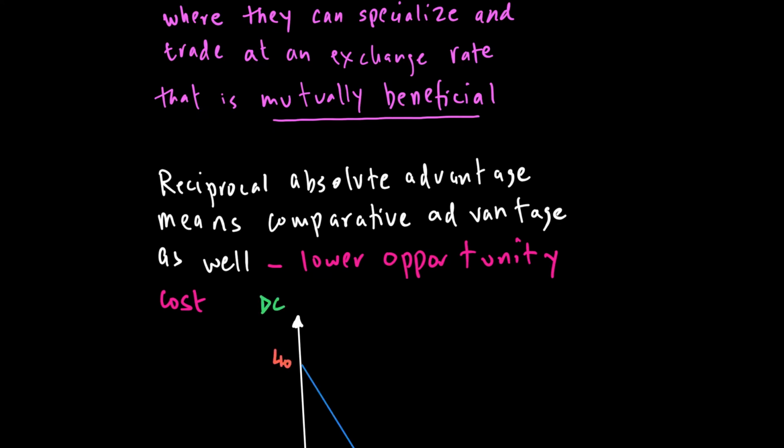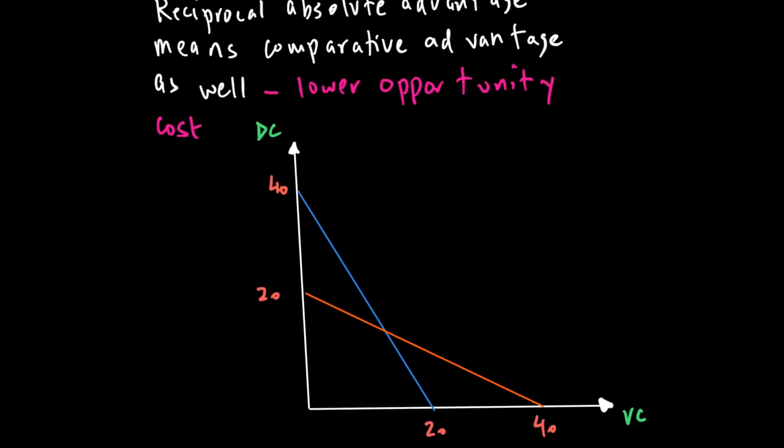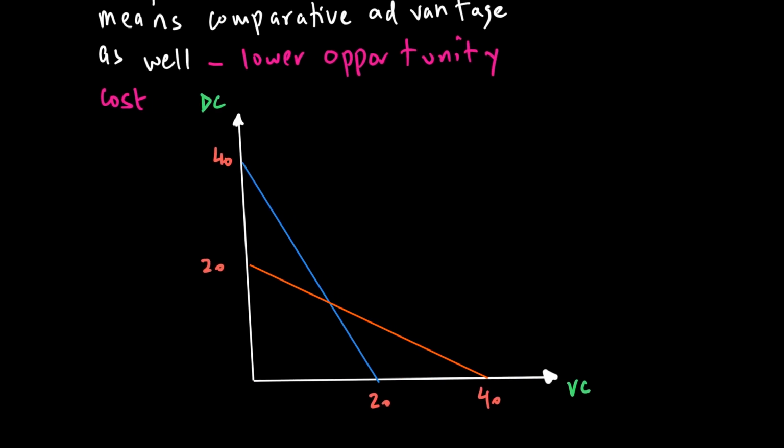So when you look at the diagram we drew earlier, we had a case like this one. This is our US and this is the UK. Now, in order to know the comparative advantage, what we need to do is find opportunity cost. So look at this, guys. Whenever the US is making 40 digital cameras, they are also losing out on making 20 vacuum cleaners.